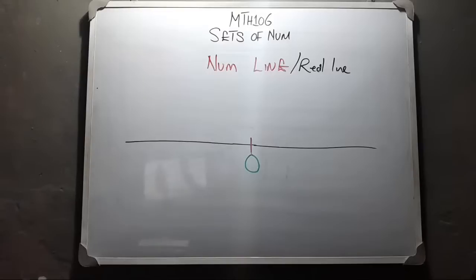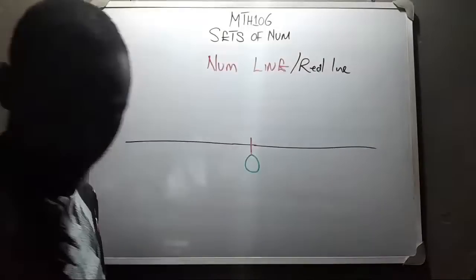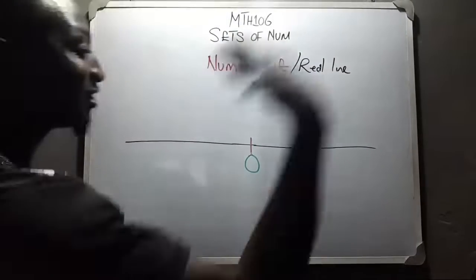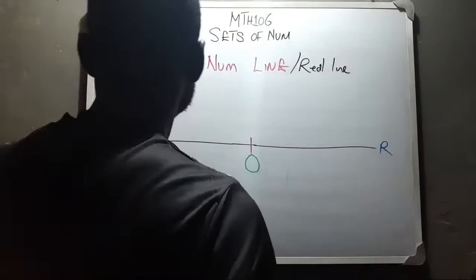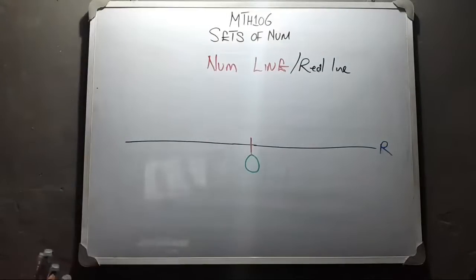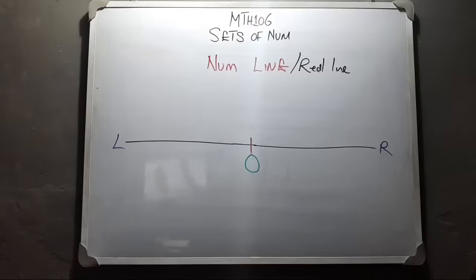We said there are two sides. We have the right hand side. This is my right. Let me indicate with a blue marker. So we have the right hand side and we have the left hand side. Now let's begin to get the points.